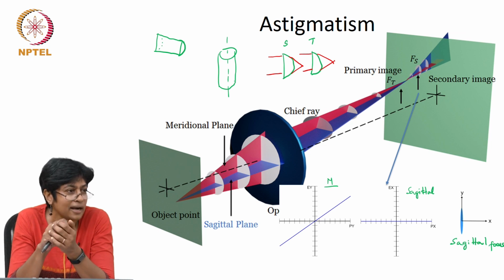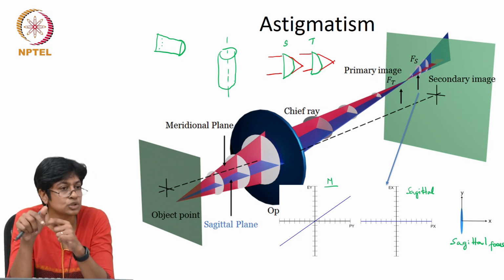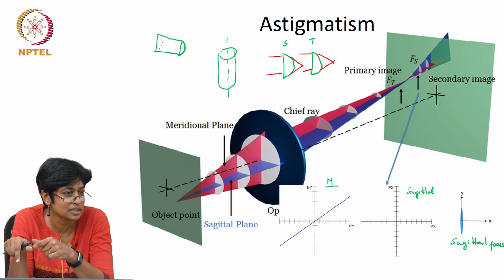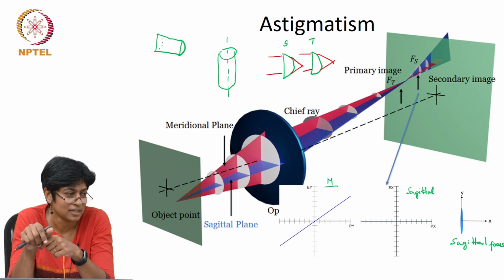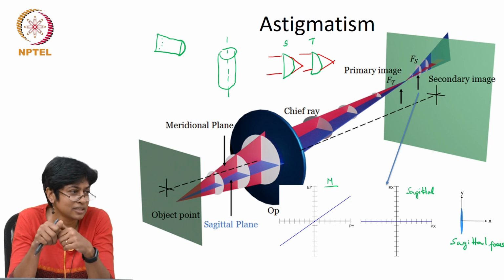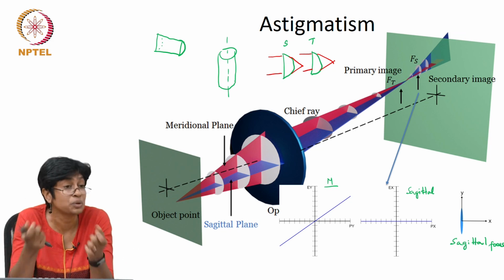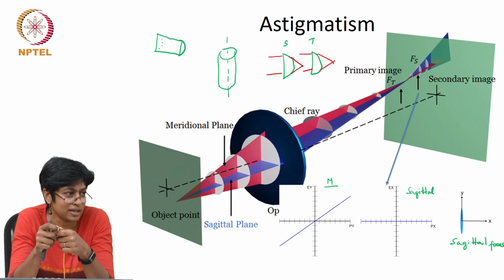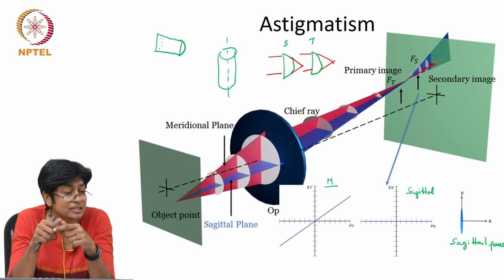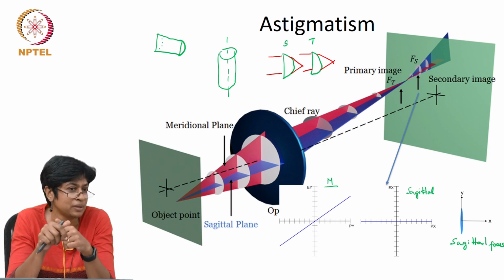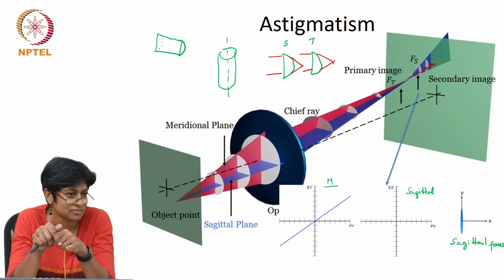Because I also added the rider, on-axis points do not experience astigmatism if the lens is circularly symmetric. And the moment you introduce a cylindrical lens, you're breaking the symmetry. So even on-axis points will have astigmatism, right? Because the behavior of the sagittal rays is going to be completely different from the meridional rays, even for an on-axis point, right?